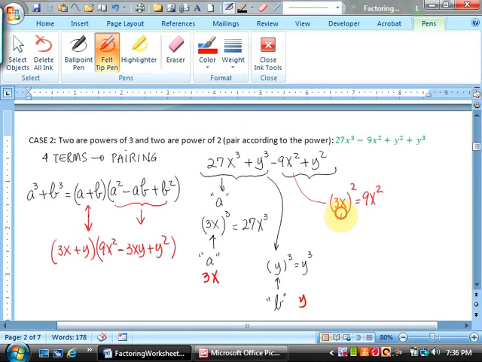So our A guy here is this 3x. Now, who is the B guy? Well, the B guy is pretty simple. It's somebody, when I square it, I get y squared. So who is here? It's y. So this is our B guy, and it's y.